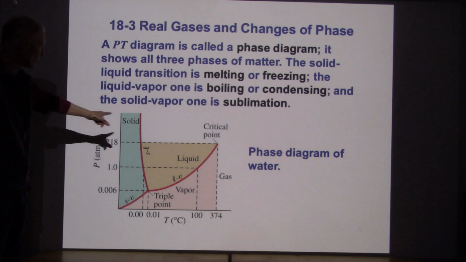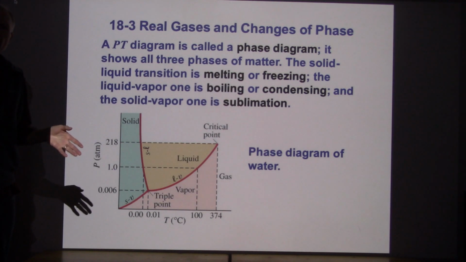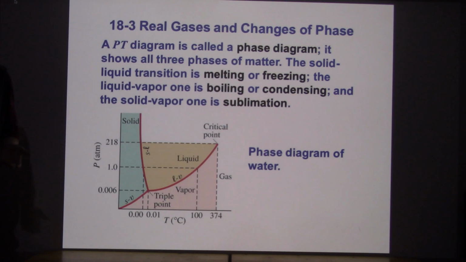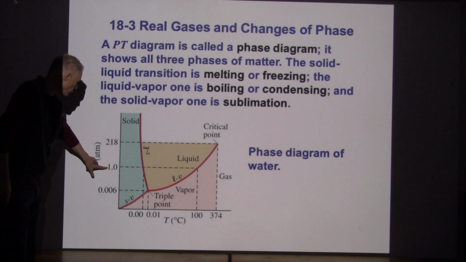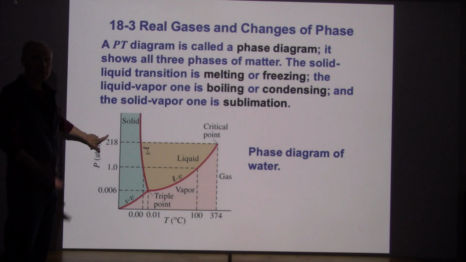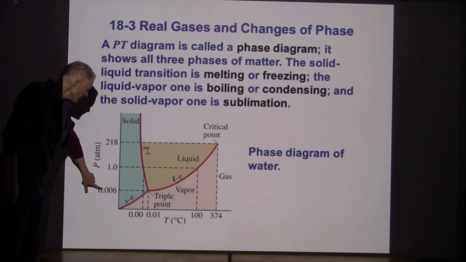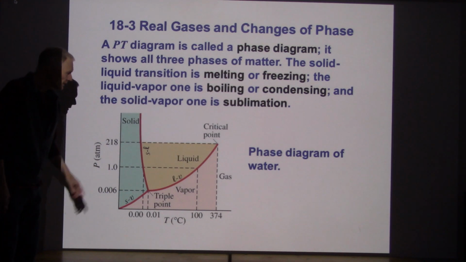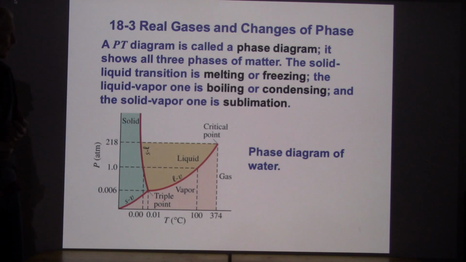Another thing to realize on most of these phase diagrams is to get a reasonable looking phase diagram, they tend not to use linear scaling on the axes. So if you'll notice the pressure here, this is 1 atmosphere, here's 218. This doesn't look like 218 times as large as this, and then this is 0.006. It's very common to see these as logarithmic axes, but I don't even think this one's logarithmic.